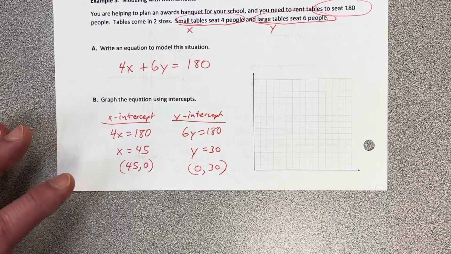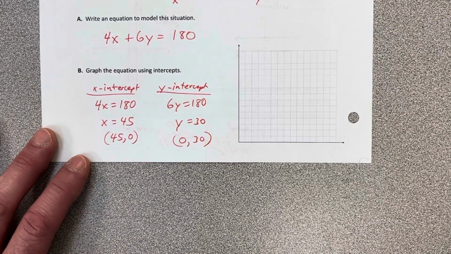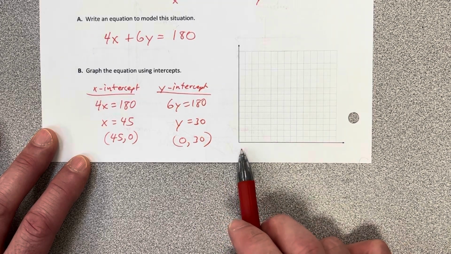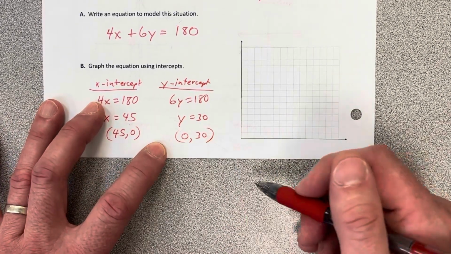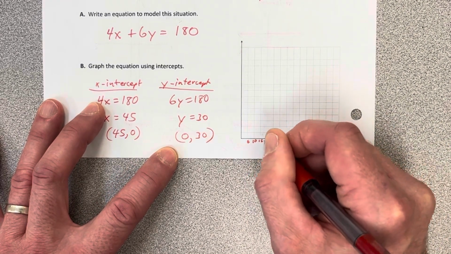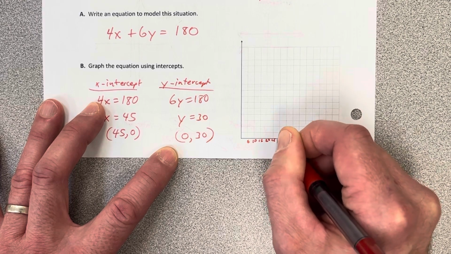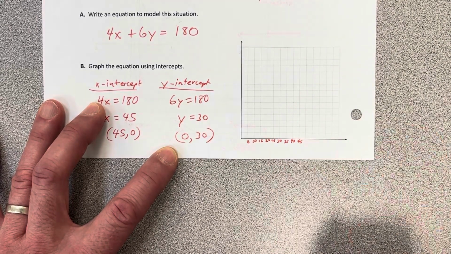And on this chart, they didn't give us any numbers, so we can't go by ones because that won't get us up to 45. And somebody in first hour suggested going by 5s, and that worked out nice. So we'll go 5, 10, 15, 20, 25, 30, 35, 40, 45.